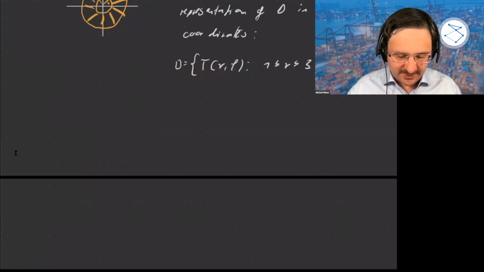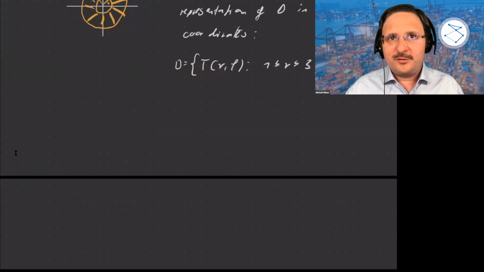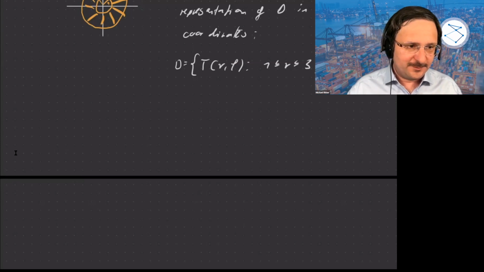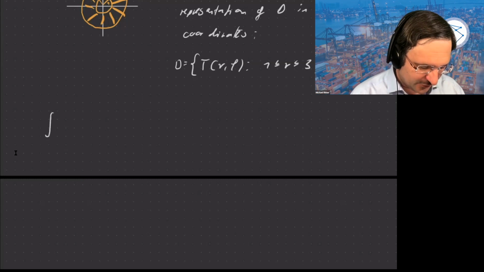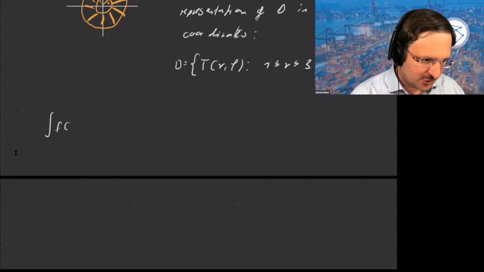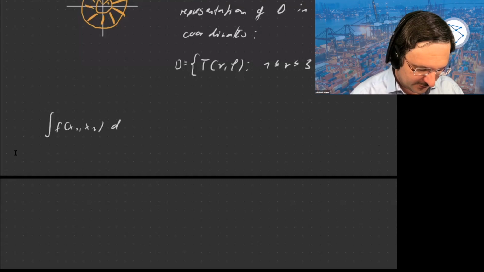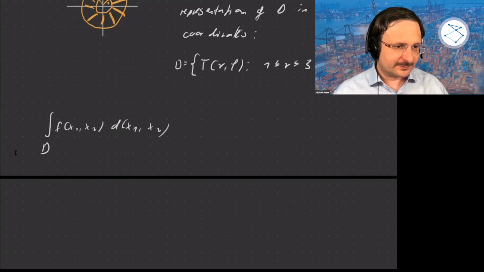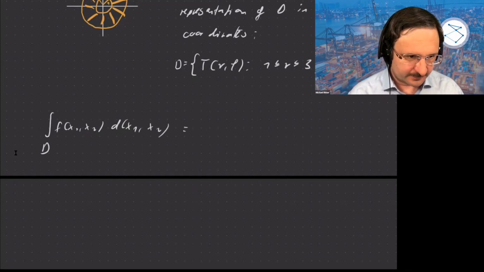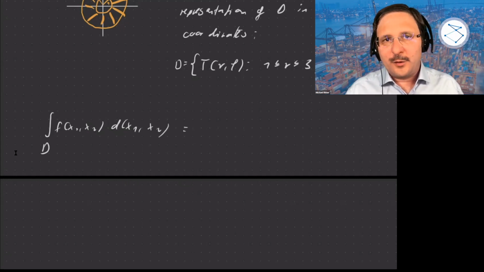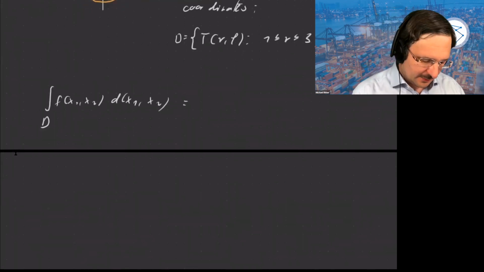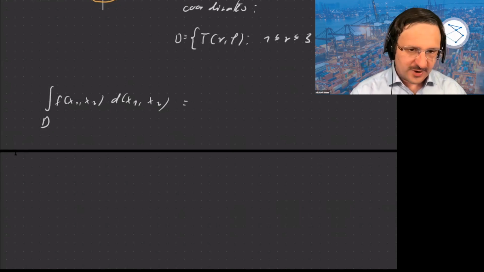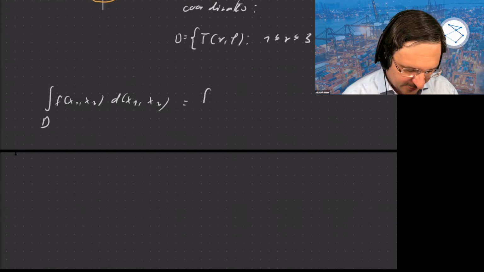And now to compute the integral, we need to use the change of variables formula. You will remember that to compute the integral of a function f of x1, x2, dx1 dx2 over D, if we want to do this in terms of polar coordinates, so here we have the transformed version of D, and here we integrate over the polar version.